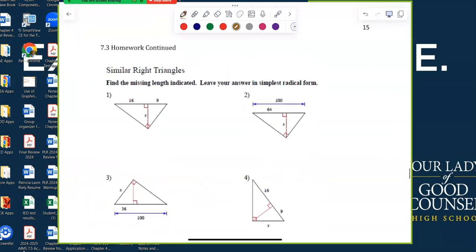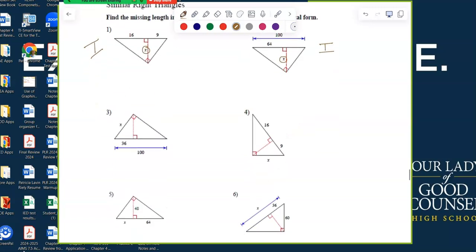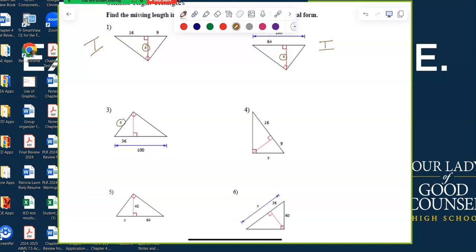Here's more homework. Okay, so you have 3 geometric means. This is the altitude. That's going to go with theorem 1. This is the altitude, also theorem 1. This is a leg. That's going to be theorem 2. Look back at the notes.